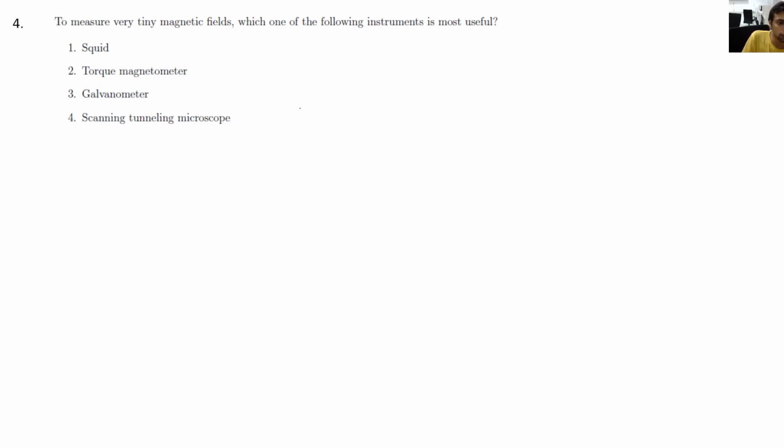To measure very tiny magnetic fields, which of the following instruments is most useful? To measure very tiny magnetic fields, we use something called a SQUID.